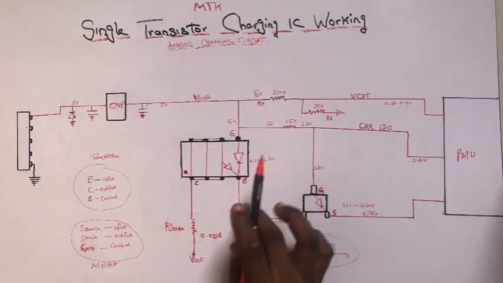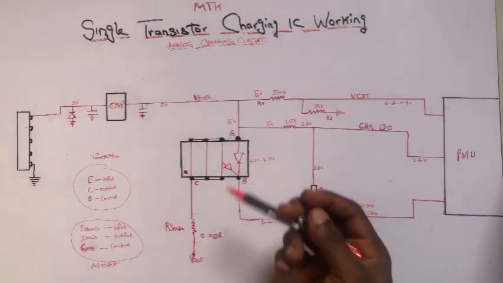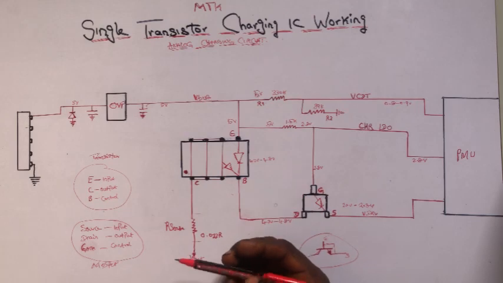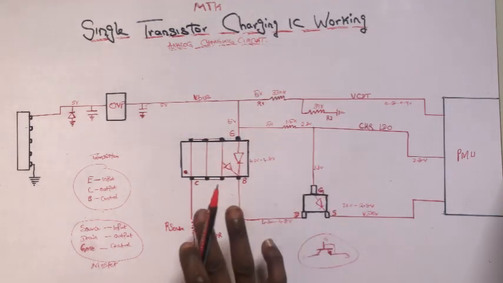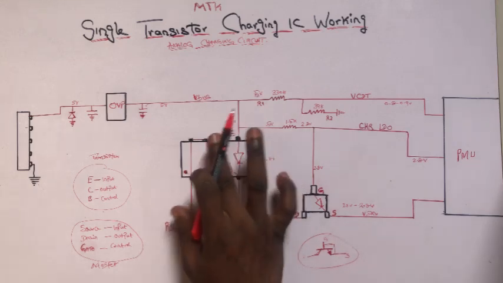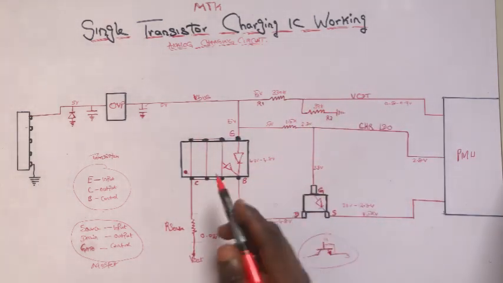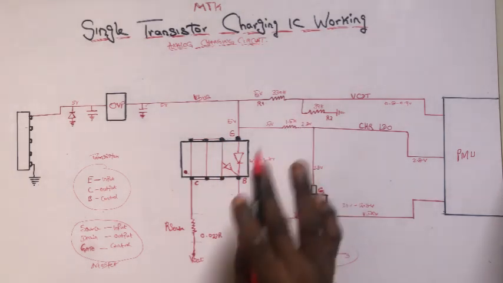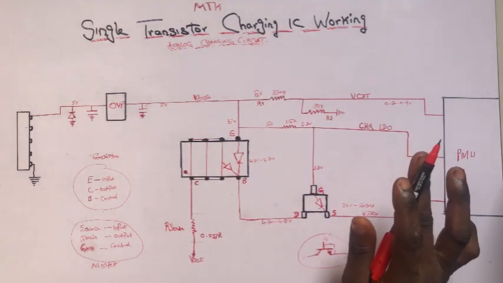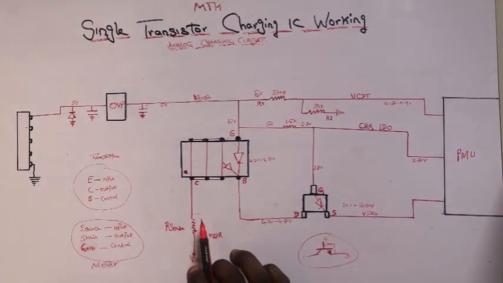I told you earlier that in a transistor there are basically 3 pins: emitter, collector, and base. But in this case we have 8 pins. So why do we have 8 pins? It means that 6 pins are connected together internally. If you use a meter to check it, you will see that these 6 pins are connected together. So now basically we have 3 pins, which are emitter, collector, and base.